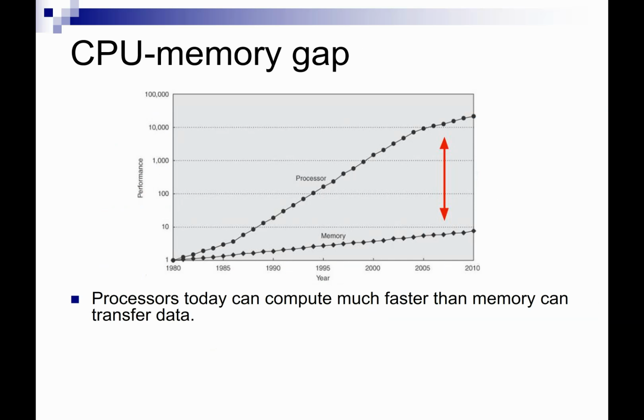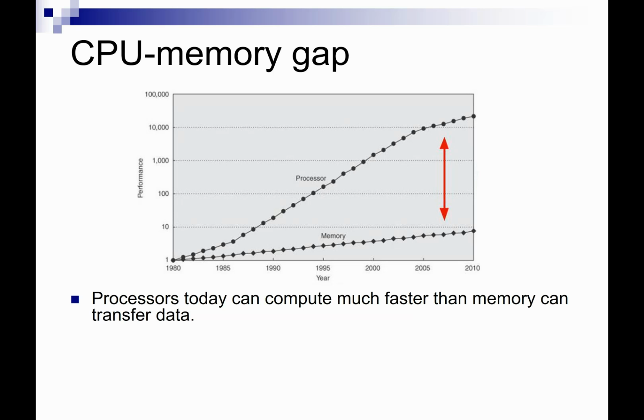Okay, now let's talk about the CPU memory gap. As I said, your processor can only compute as fast as the memory system supports it. But the problem is that nowadays you have processors which run much faster than the memory can actually transfer data.